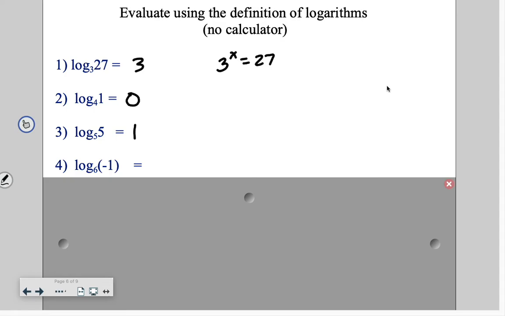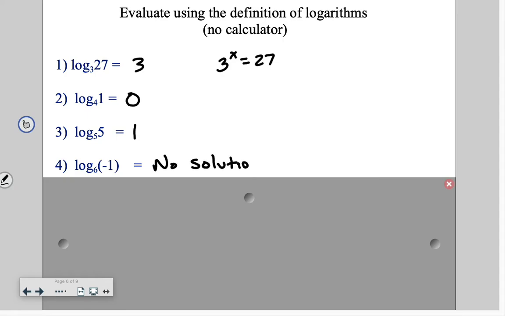It's not 0. It's not 1. But you're in the ballpark. It's not negative 1/6. That's also a good guess, though. This goes back to our definition. You can't take the log of a negative number. There is no power that you can take 6, raise it to, and get a negative answer, which means this one is no solution. Not possible.